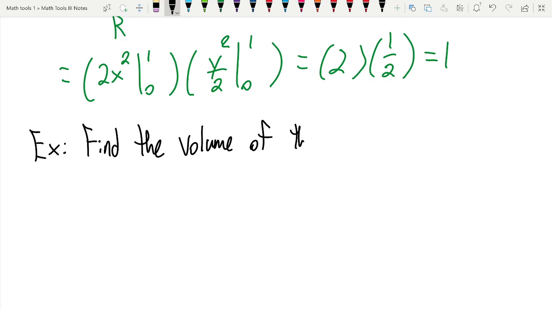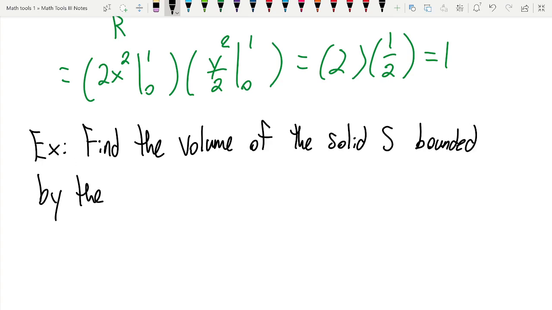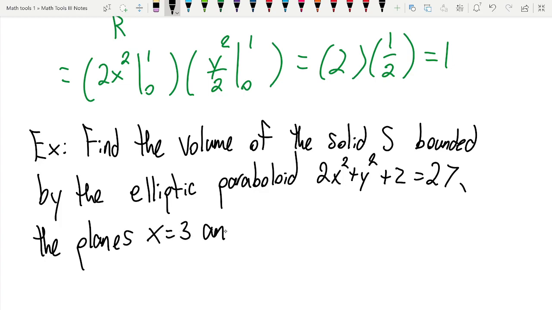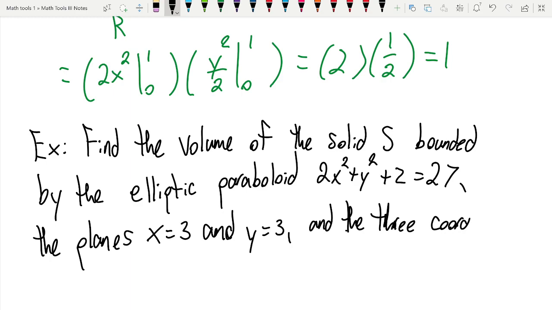So find the volume of the solid S bounded by the elliptic paraboloid 2x squared plus y squared plus z equals 27, the planes x equals 3 and y equals 3, and the 3 coordinate planes.